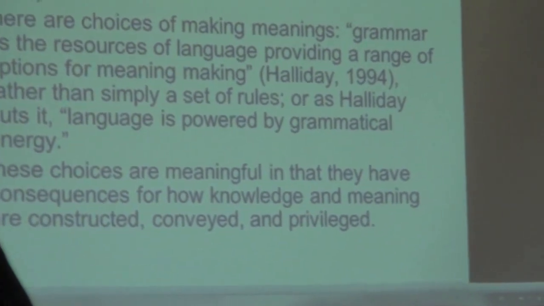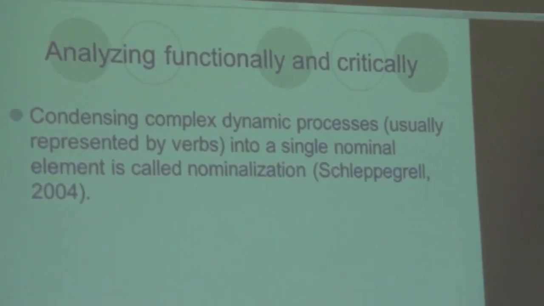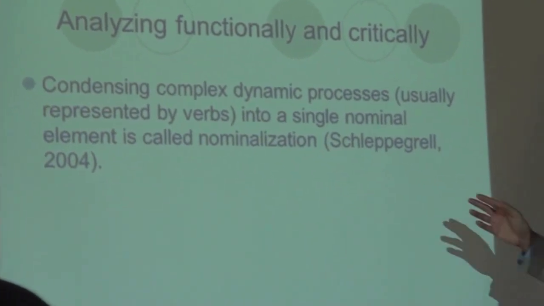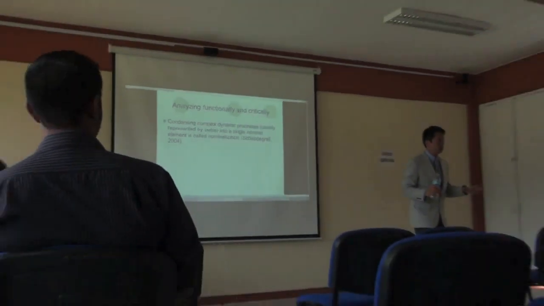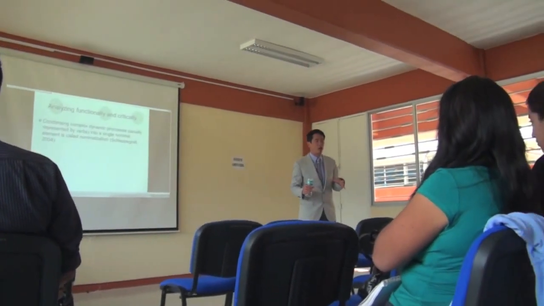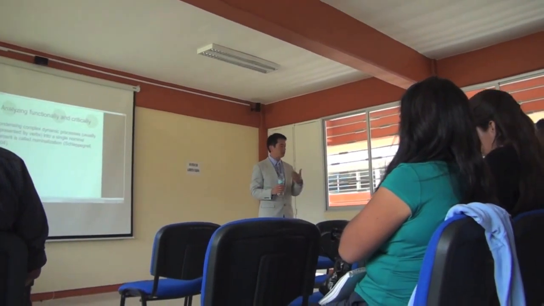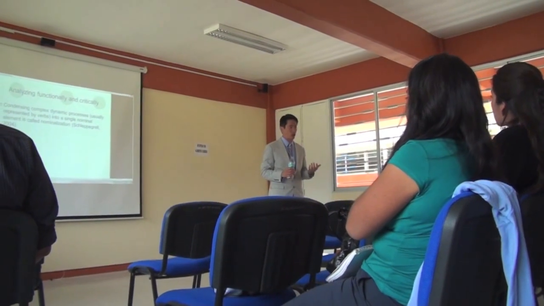We're going to see some examples. So, all right. One of the approaches to functional grammar is what they've called nominalization. And nominalization is how we take our descriptions of everyday processes and we turn them into a noun.